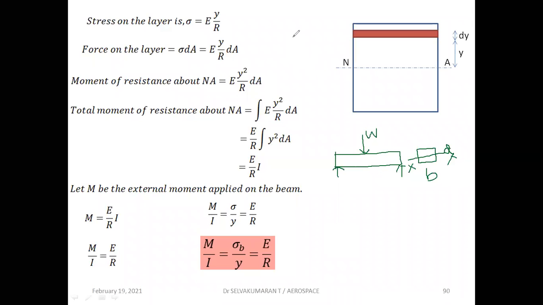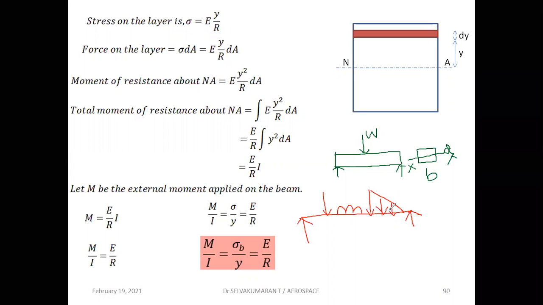If you have a combination of loadings, now I have a beam where I have got a point load, UDL or UVL or a couple, whatever it is. For the given loading, we have to determine the maximum value of bending moment. How to determine it, we have seen already in the shear force and bending moment topic. We need to locate where the shear force is zero.